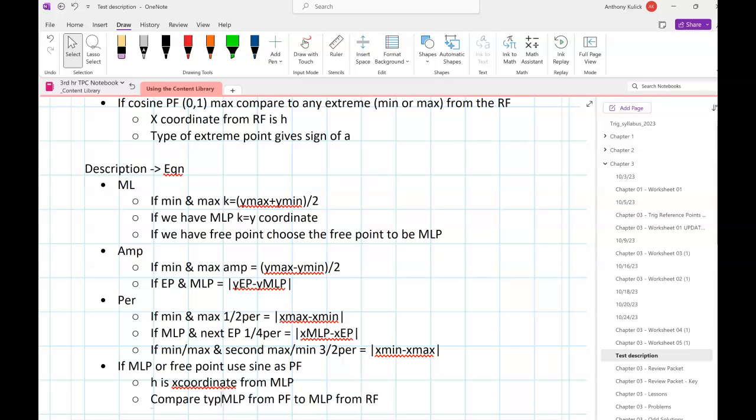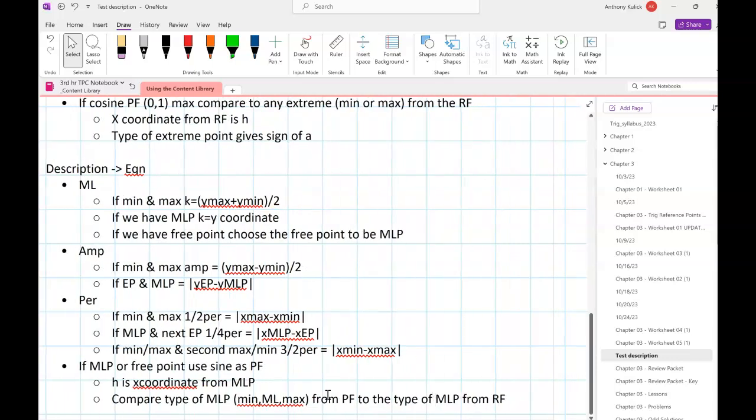We compare the type of midline point, which again is a min, midline, or max, to the type of midline point from the resultant, right?